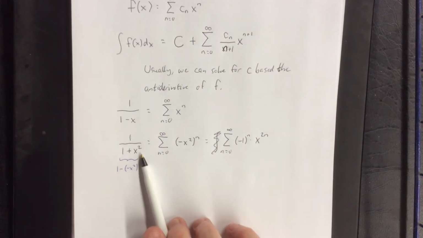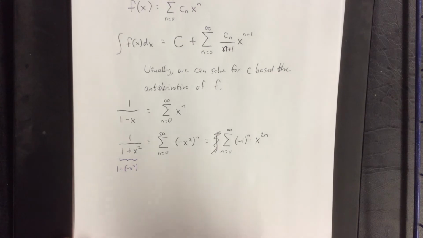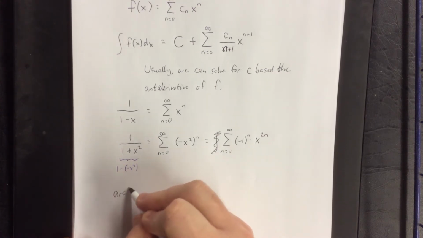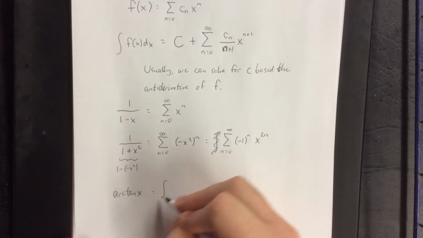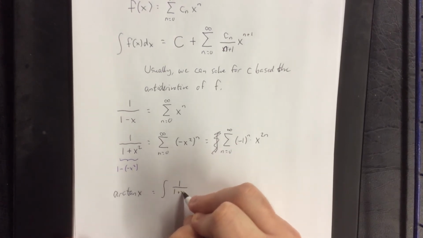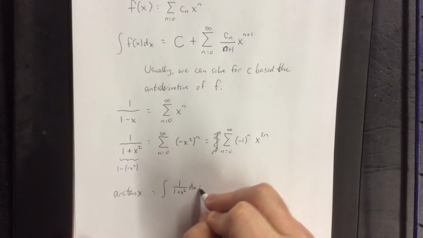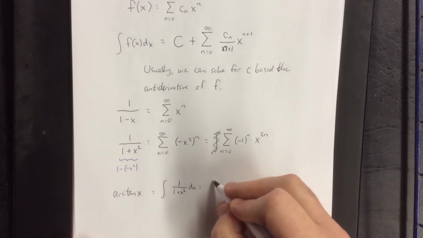Now you may recognize this as one of our common integral forms, because the function whose derivative is 1 over 1 plus x squared is the arctangent function. So the arctangent of x is going to be the antiderivative of 1 over 1 plus x squared dx, which means that we are going to integrate this power series.